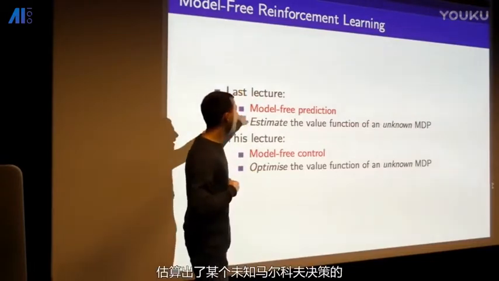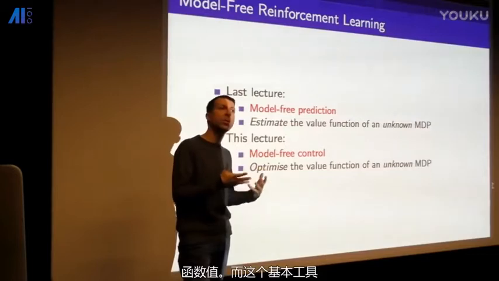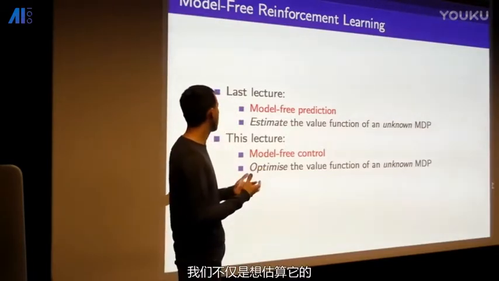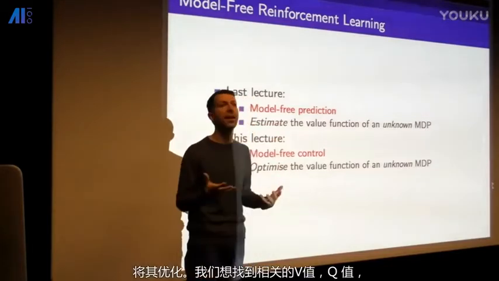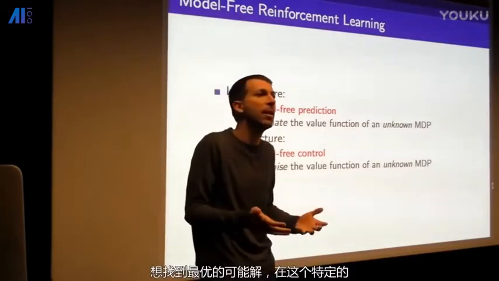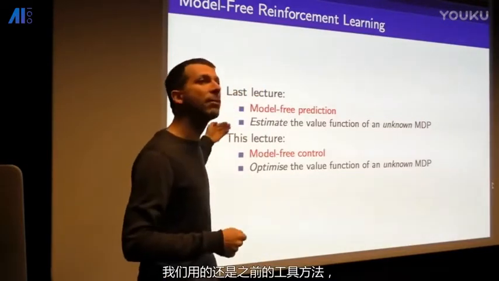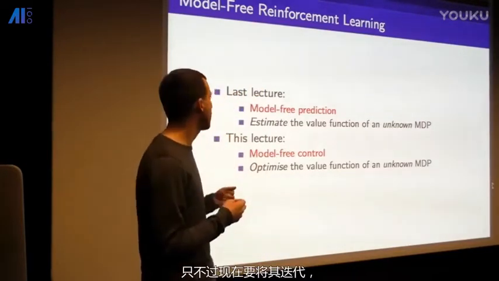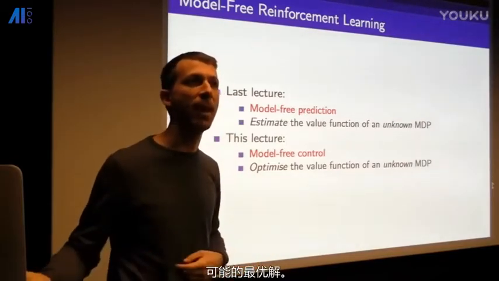That helped us to estimate the value function of some unknown MDP. Now that basic toolkit is what we're going to use for control methods, where we want to not just estimate the value function, but actually optimize it: find V star, find Q star, find the best possible behavior, find the most reward you can extract from this MDP. We're going to use the same tools, iterate them, and use what we had before as an inner loop for getting to the best possible behavior.